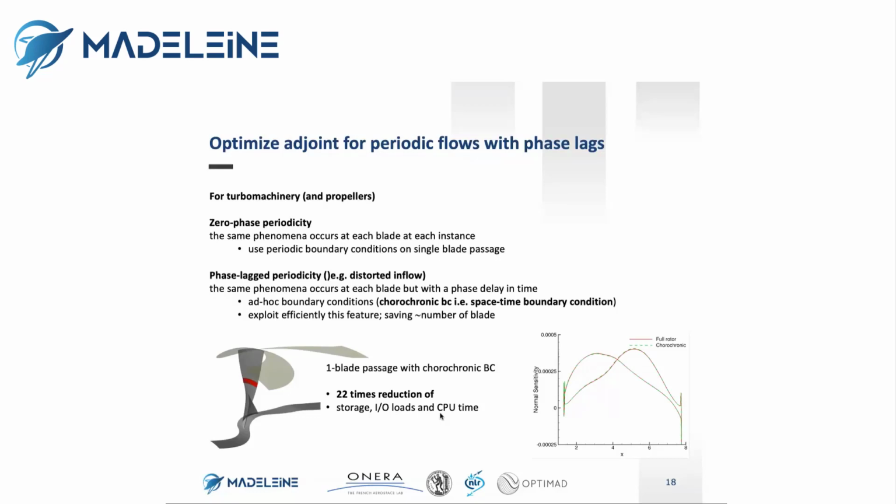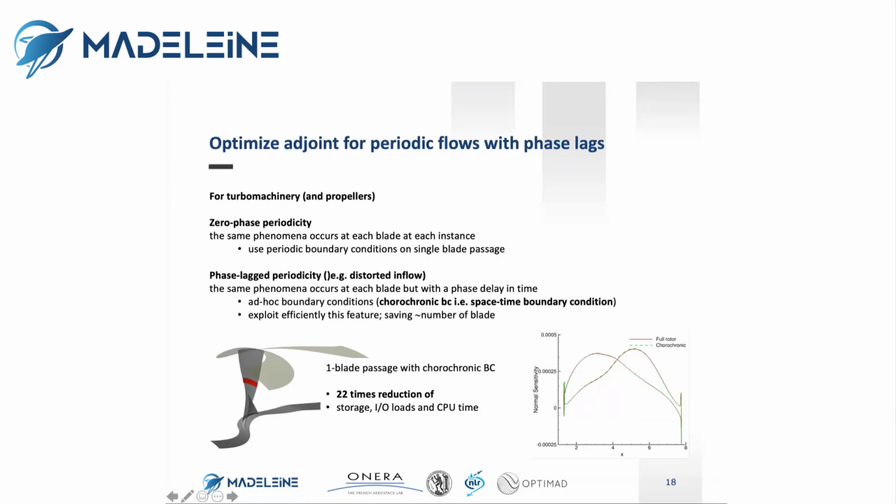For example, for this case, the stage is composed by 22 blades, and so they experience a speed up of a factor of 22. On the right-hand side, you can see the validation of this technique, in green, these chorochronic boundary conditions, and in red, the full unsteady adjoint. You see that there is a perfect match.